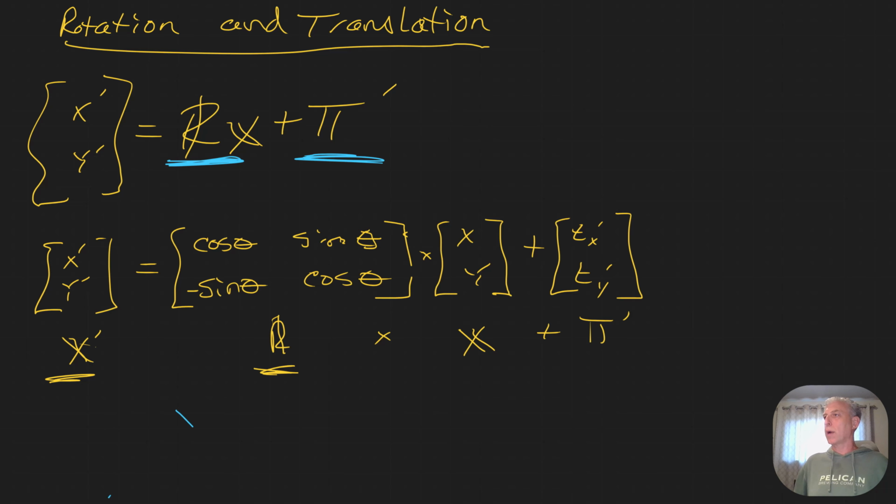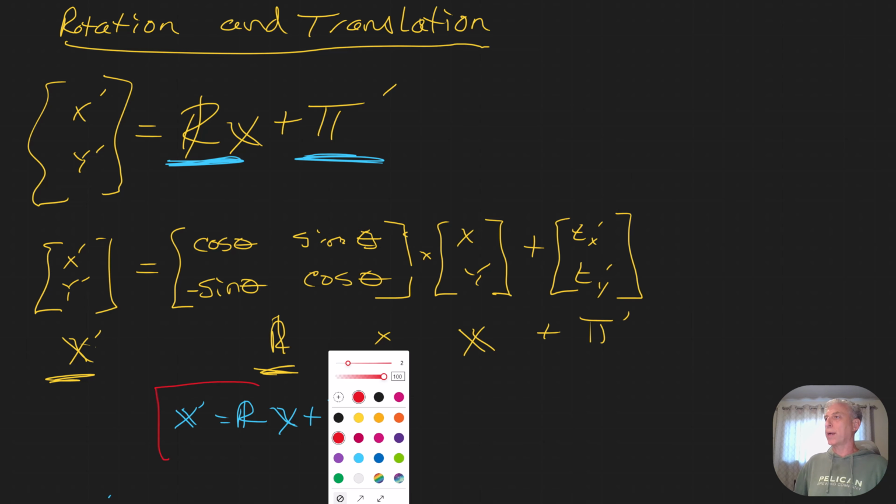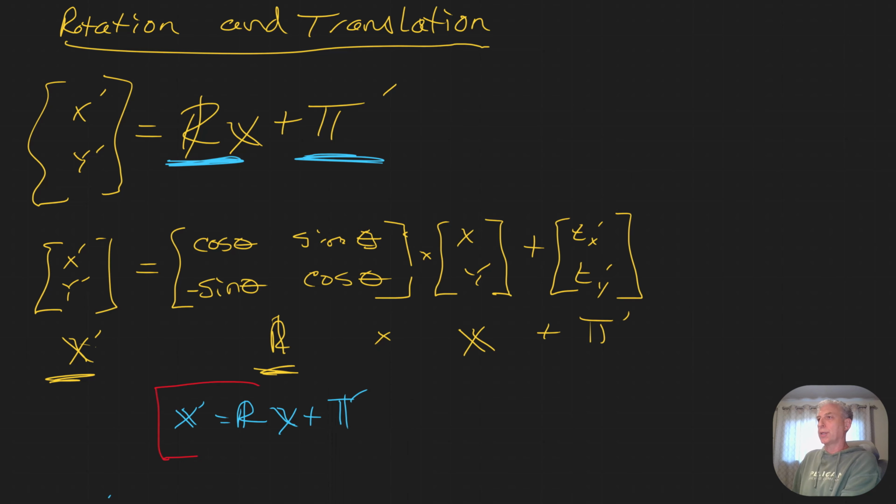And just to rewrite that, I have x prime equals R x plus t prime. And that's what we're going to use to perform our translation and our rotation together.